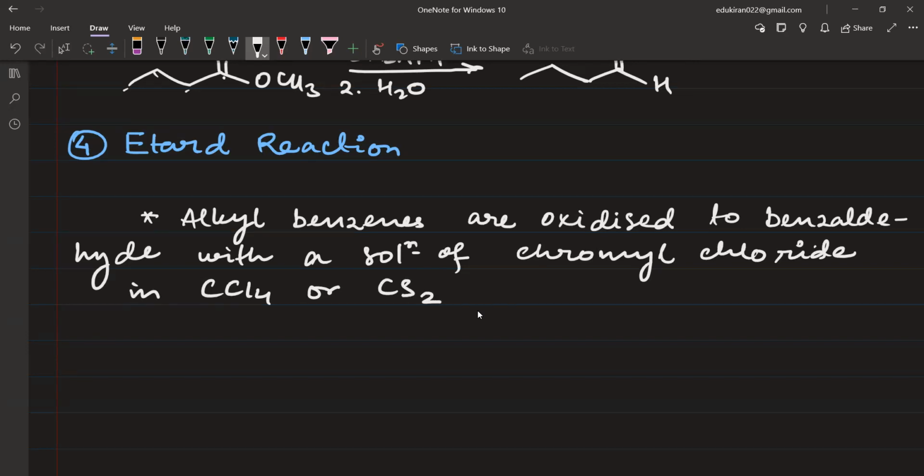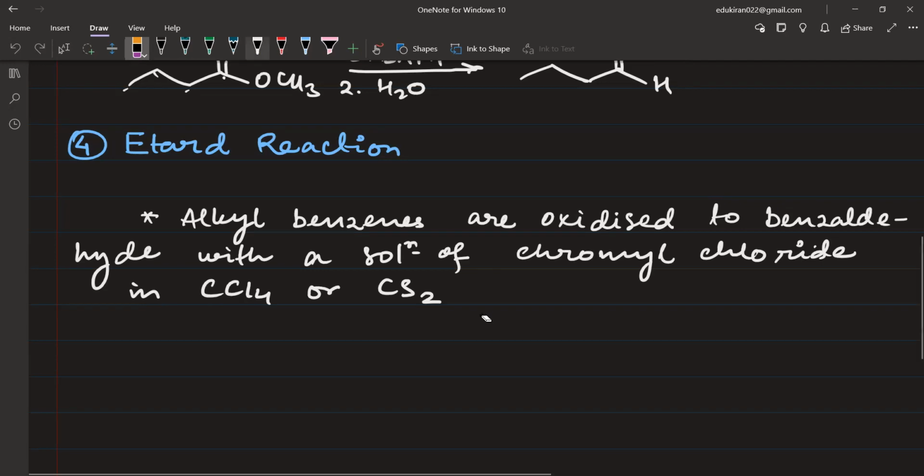Both of these are non-polar solvents. Please remember, these chemical compounds we have written here are not reagents, these are solvents. So we need a non-polar solvent to stop the reaction at benzaldehyde. Otherwise, it is going to get oxidized completely, and you are going to get benzoic acid rather than benzaldehyde. So to stop the reaction, we use a non-polar solvent, CCl4 or CS2.